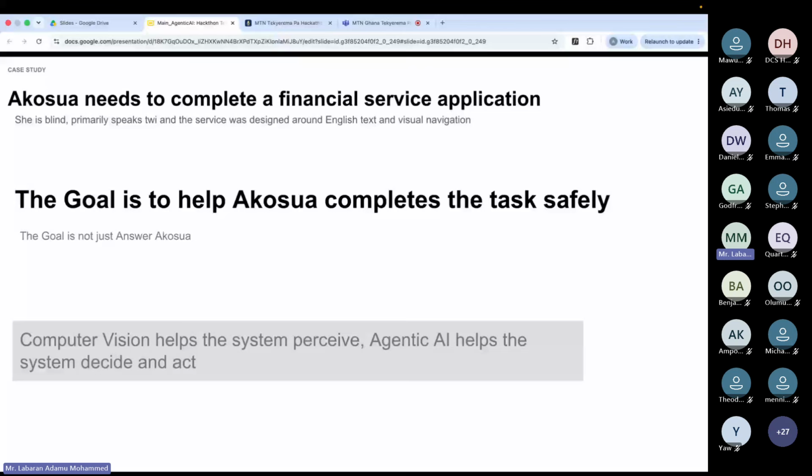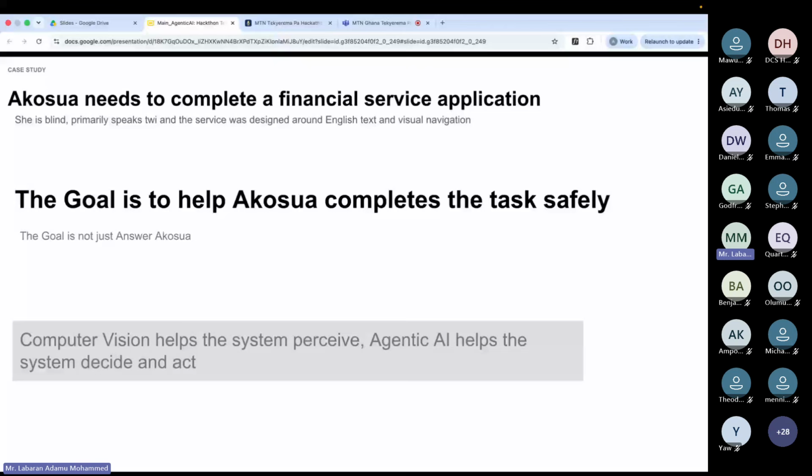Computer vision helps the system perceive the information she provides to the application. Probably she has an ID card, and there will be an OCR tool that reads the data on that ID card. She has to upload it. Then the agentic AI will help in deciding and acting.